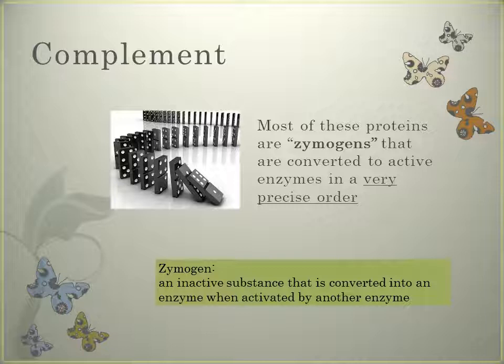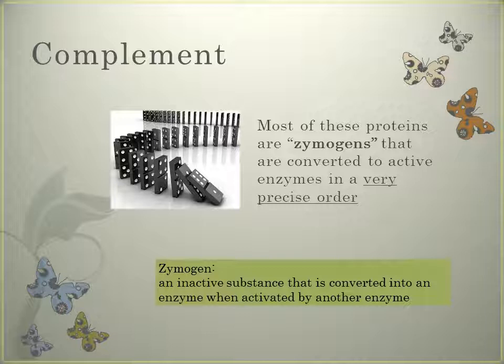And if you've ever made your own string of dominoes, you know that if you get them too far apart or out of place a little bit, it'll stop. They'll fall up to a given point, and then it doesn't go the rest of the way because something is out of place. This is a very apt analogy too for what happens in the complement system. There are a number of disorders that individuals have that are associated with their complement system.